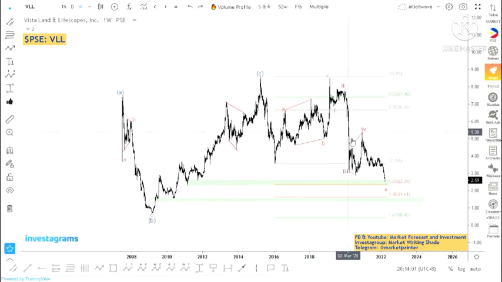This is very interesting. The price is almost done completing its microwave 5. Once this ends, we are certain that the price will head in the opposite direction.